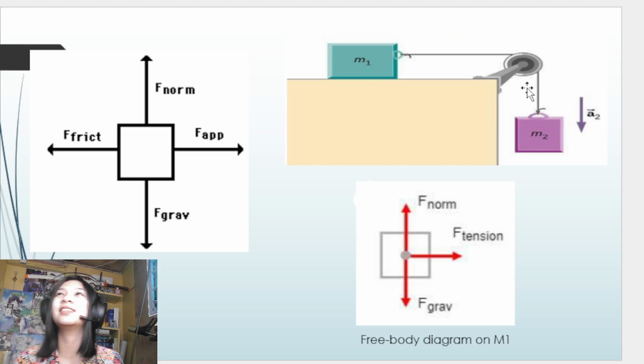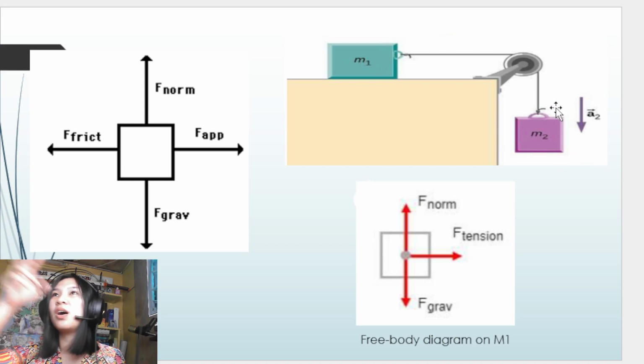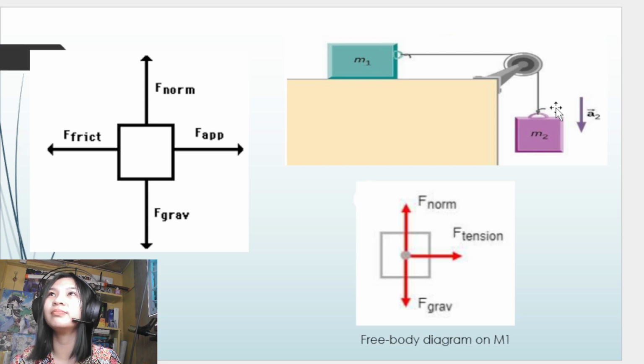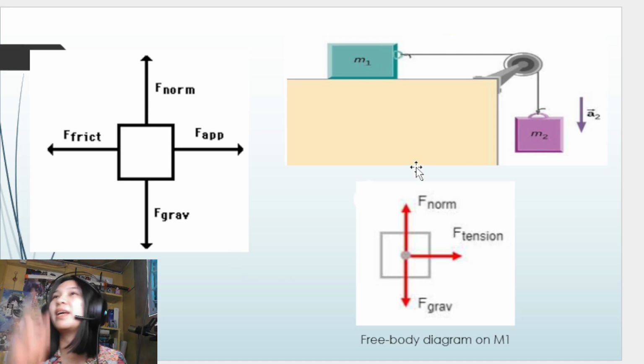So they have a cause and effect relationship. If you give force to M1, not only it is affected in one system. M2 is also affected because they are part of one system. Okay? So the second law will explain that part.